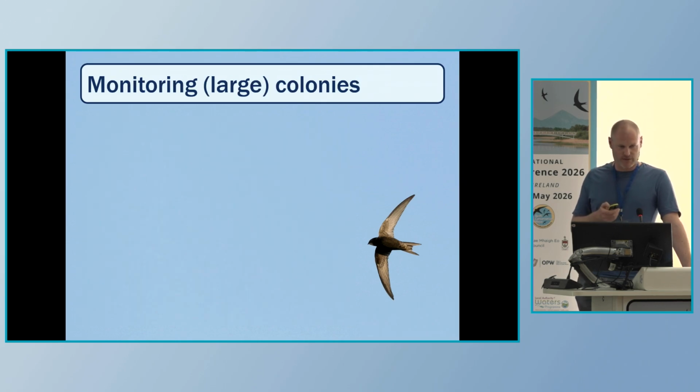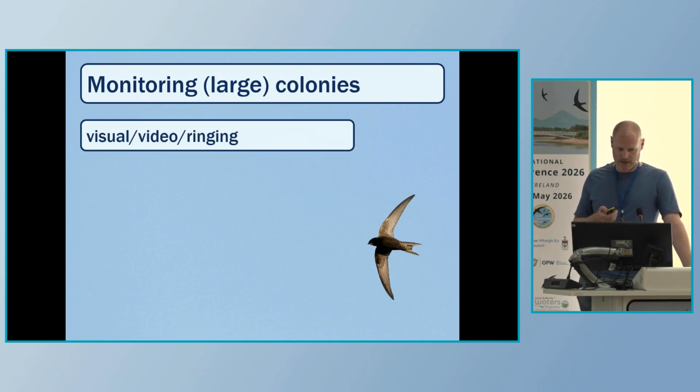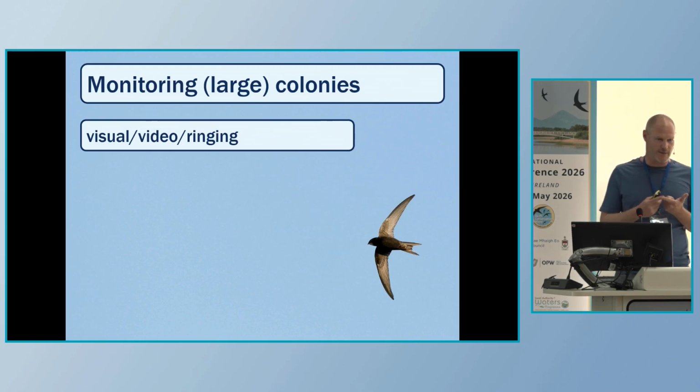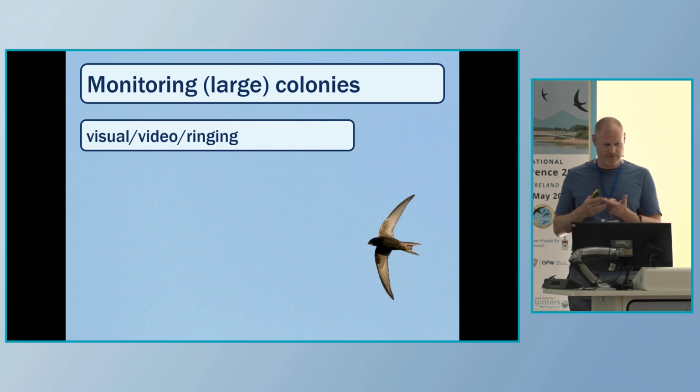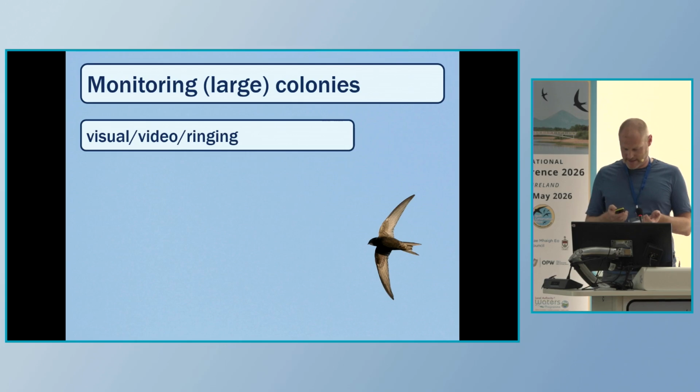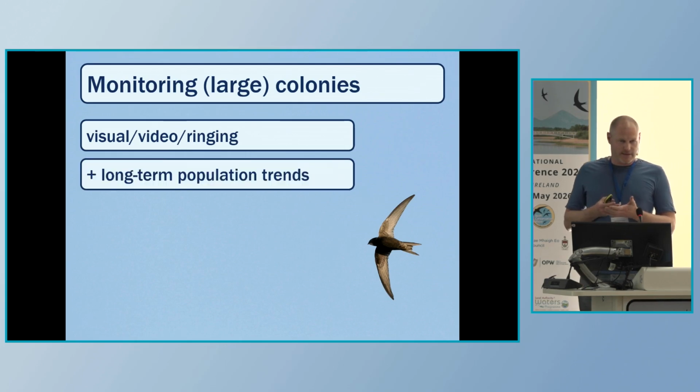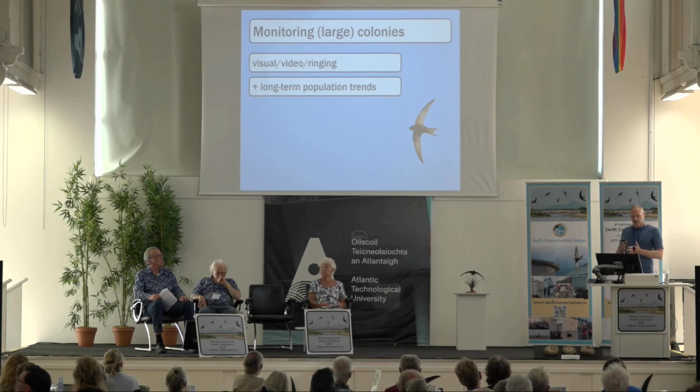Another method is to monitor large colonies. You can either do it visually by humans, video from outside, video from inside, nestbox cameras, and also ringing. This is a very good method for long-term population trends if you do it every year.